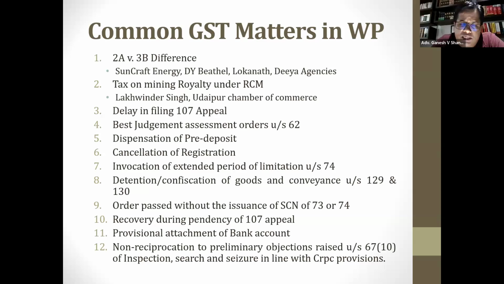Recovery during pendency of 107 appeal: without waiting for 3 months plus 4 months time for preferring appeal, if some recovery action is taken, proviso to 69, if I remember, is invoked, definitely you can approach High Court. Provisional attachment of bank account under 73, 83, we have seen this.